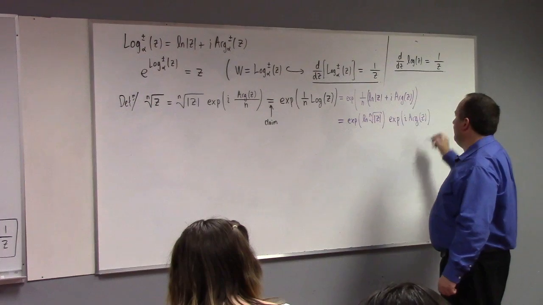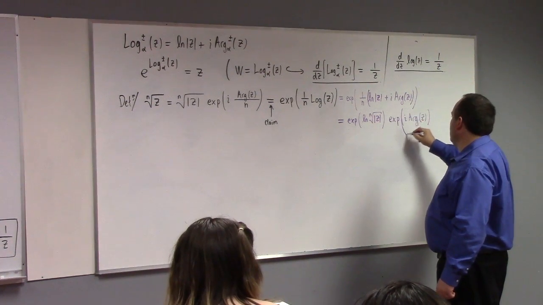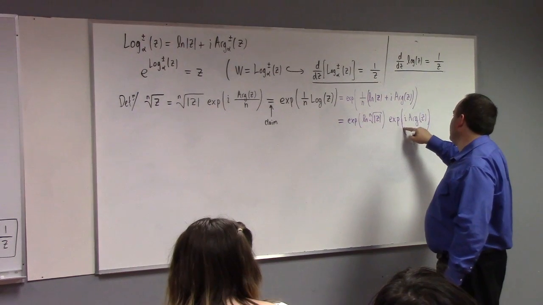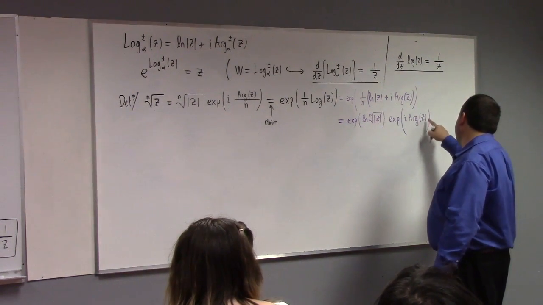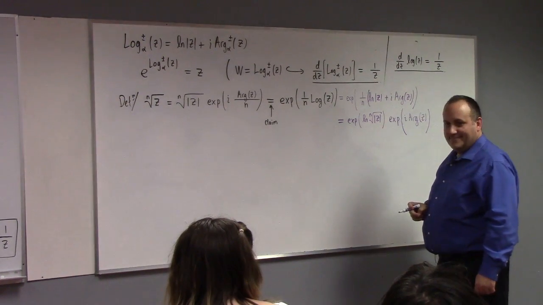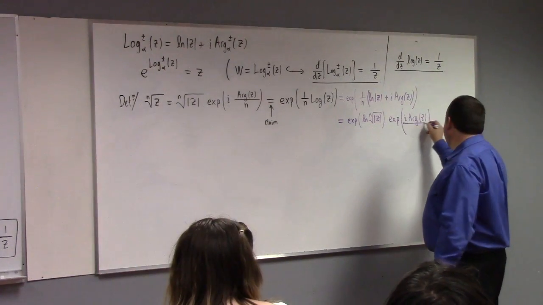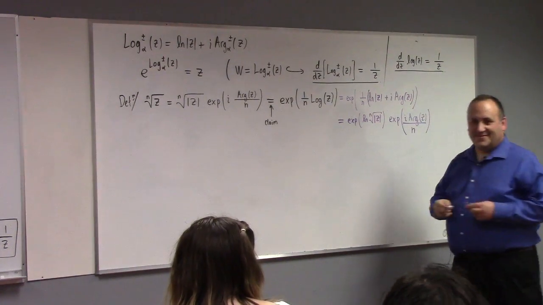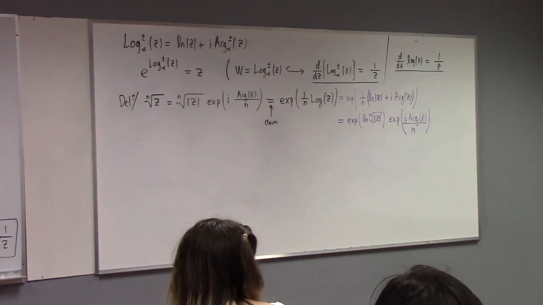Are you supposed to carry over the 1 over n because it distributes? No. Not anymore. You don't believe me? Good. Just testing. So, yes, that's good. You need to stand up for yourself.